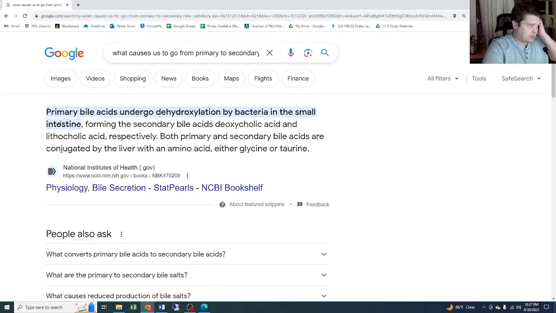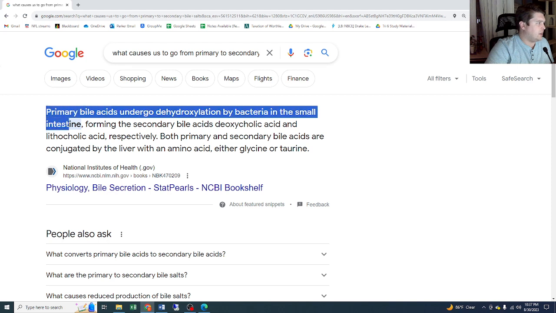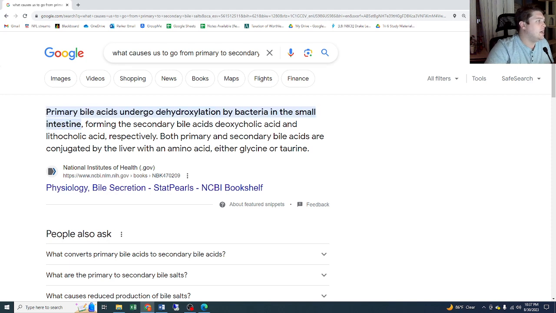This is what I want to make sure that I throw in here, because this isn't really explained in the book. The primary bile salts undergo dehydroxylation by bacteria in the small intestine, forming the secondary bile acids, deoxycholic acid and lithocholic acid.